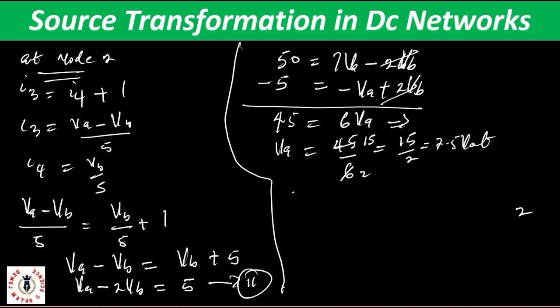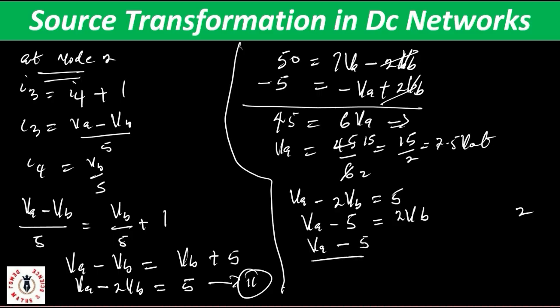Let's solve for VB. We have that VA minus 2VB is equal to 5. Now this simply implies that VA minus 5 is equal to 2VB. We can now say that VA minus 5 over 2 is equal to VB.